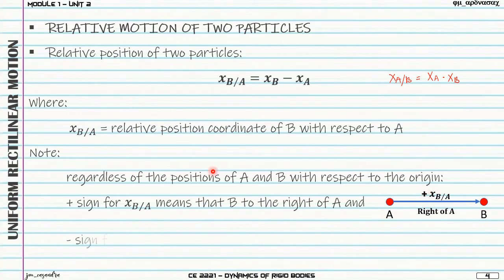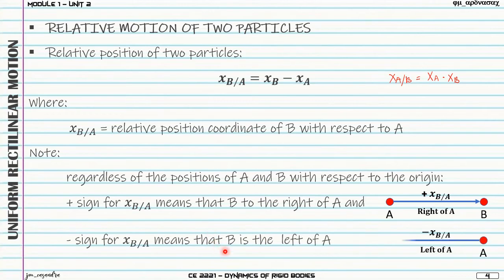And if we have B, which is located to the left of A, then you will have a negative sign convention. So if you are point A and you are looking at the second object to the left, then their relative position is a negative value.